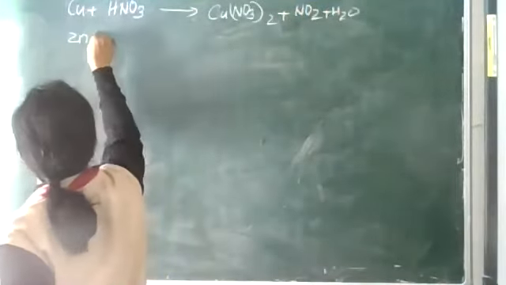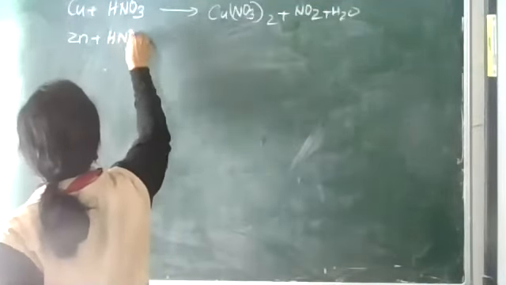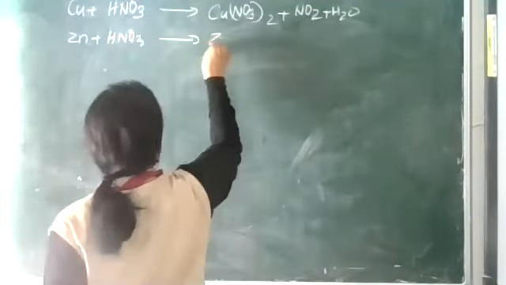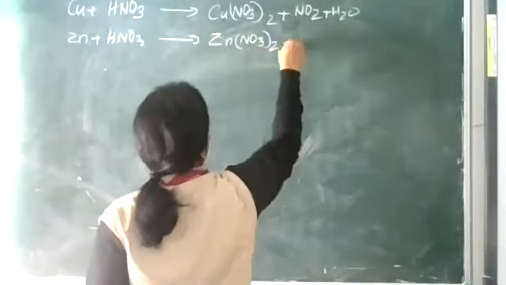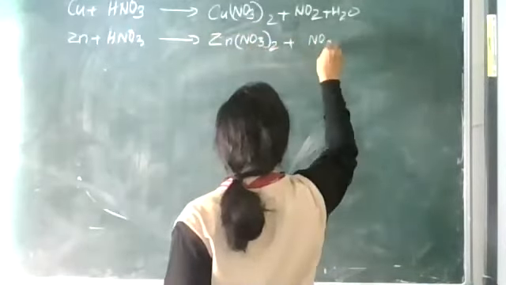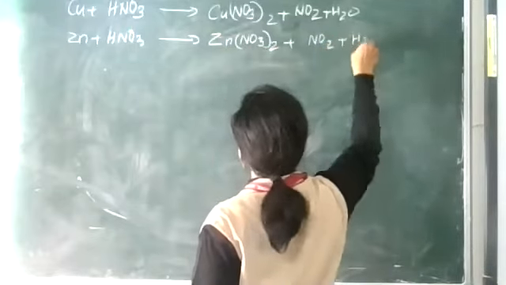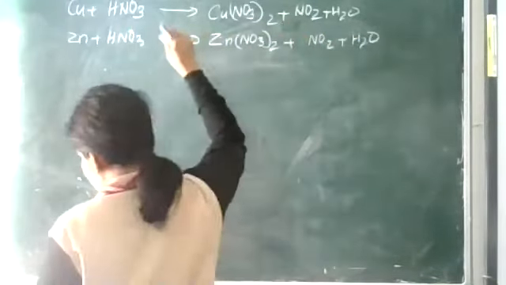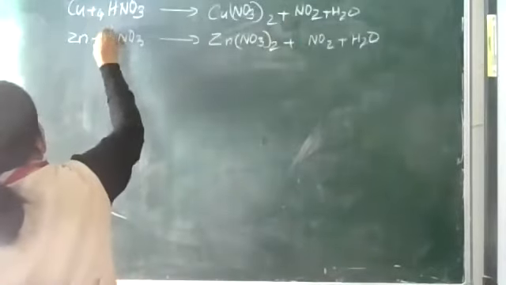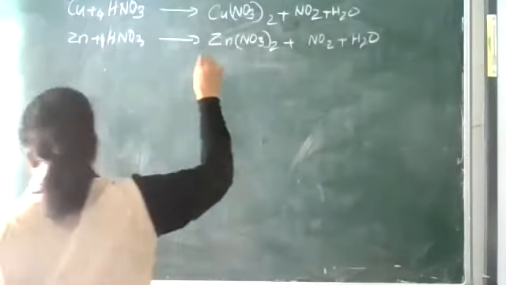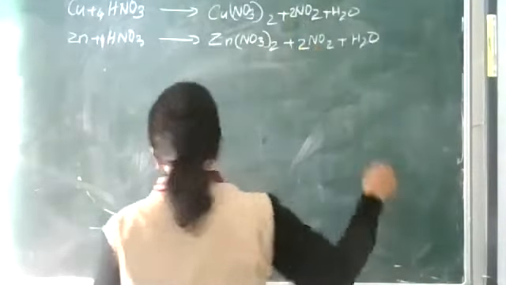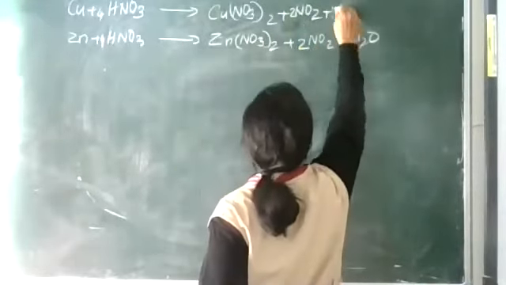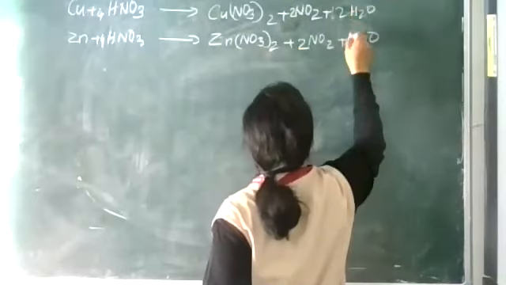Zinc plus HNO3 gives zinc nitrate plus again NO2 plus H2O. This is to be learned by heart. Then 2NO2, 2H2O.